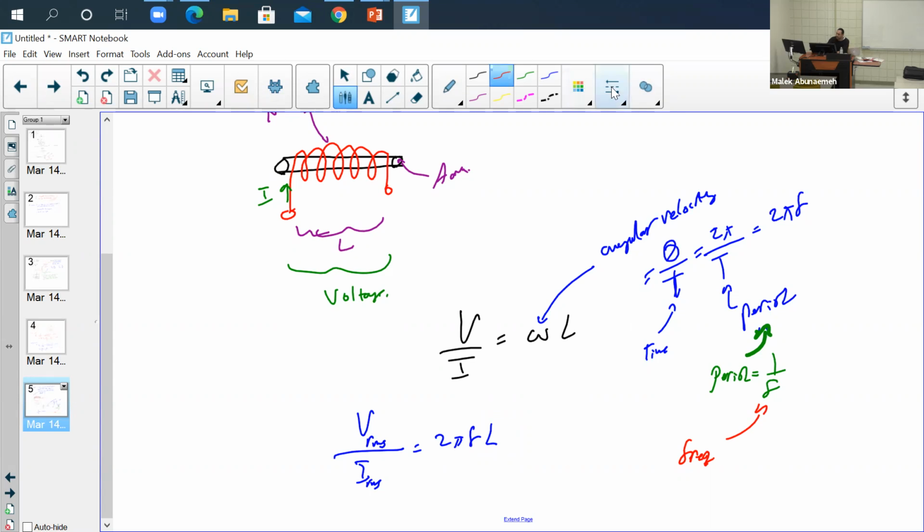Now L is actually defined as the inductance of the inductor.